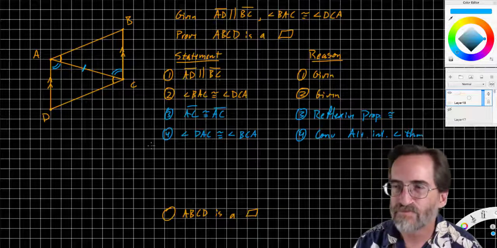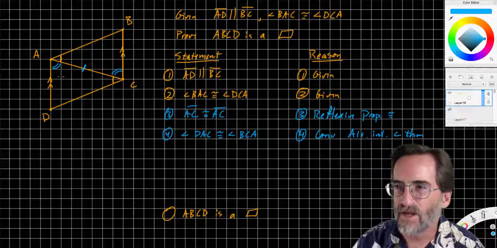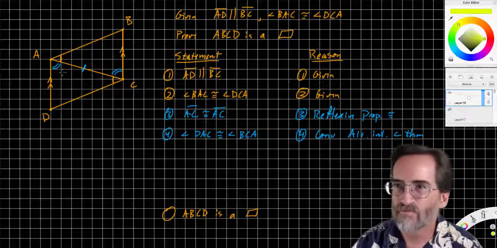Okay? All right, and so guess what we've got? We've got an angle congruent to an angle. We've got a side congruent to a side. We've got an angle congruent to an angle. Okay?